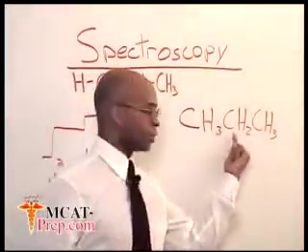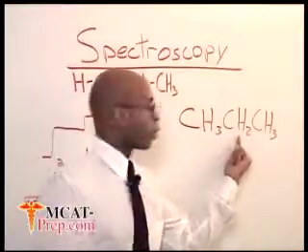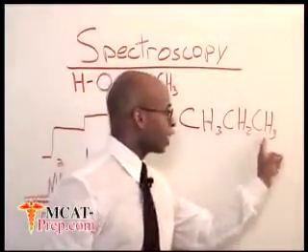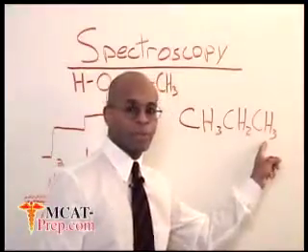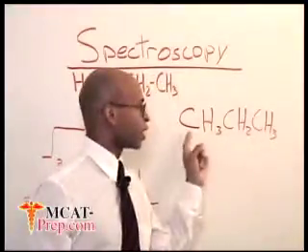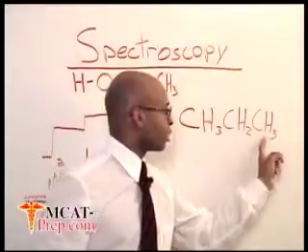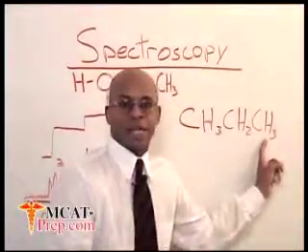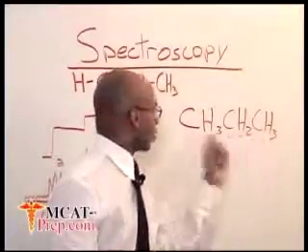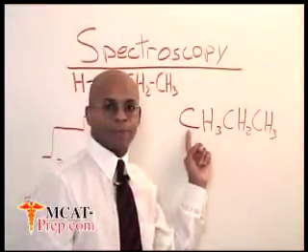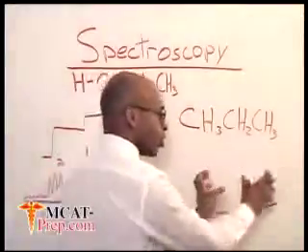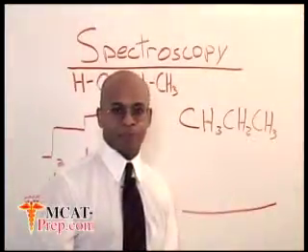Well, you're either a hydrogen in the middle of the molecule or a hydrogen at the end of the molecule. After all, if you're a hydrogen over here, you experience the same environment as a hydrogen here. A hydrogen here is next to a CH2 group and there's no electronegative element near it. And here it's the same thing. So we would expect that in our NMR we would have 2 groups of lines.